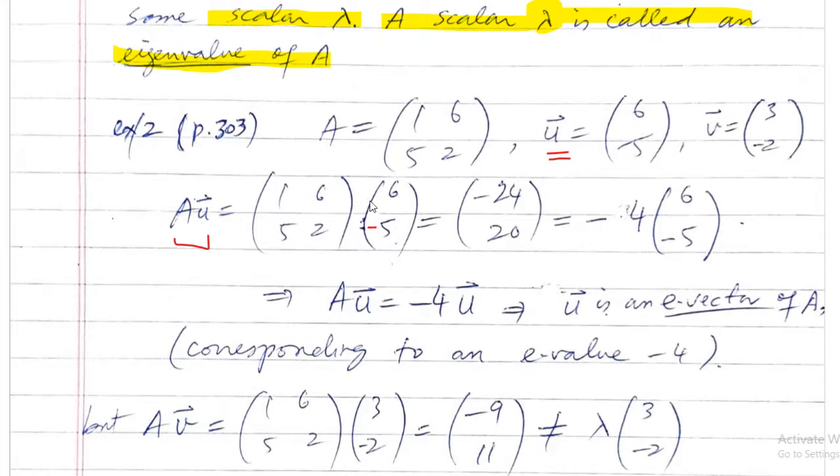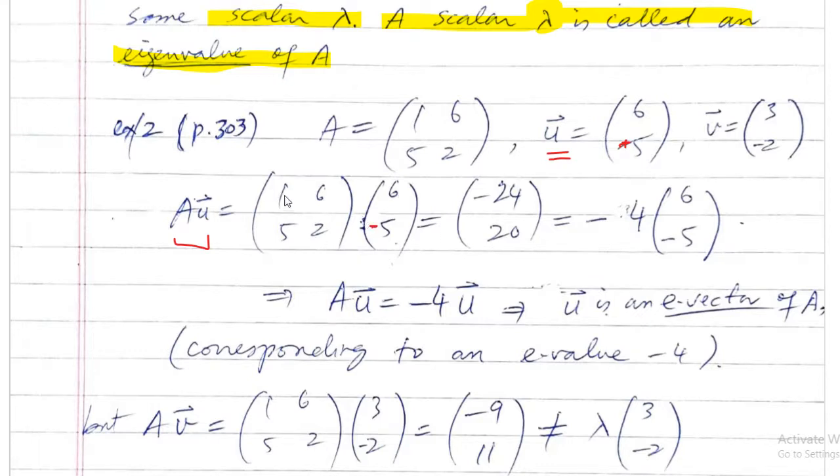Now 1 times 6 and 6 times minus 5 is minus 30. So 6 minus 30 is minus 24. Similarly, 5 times 6 is 30, minus 10 is 20.